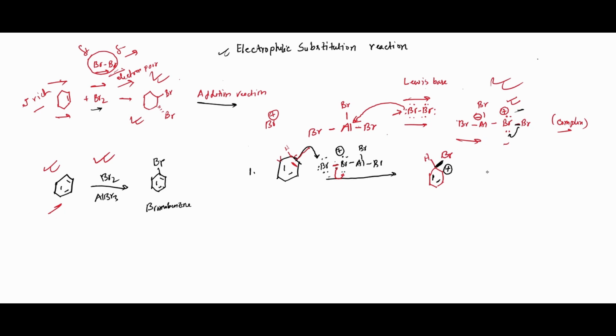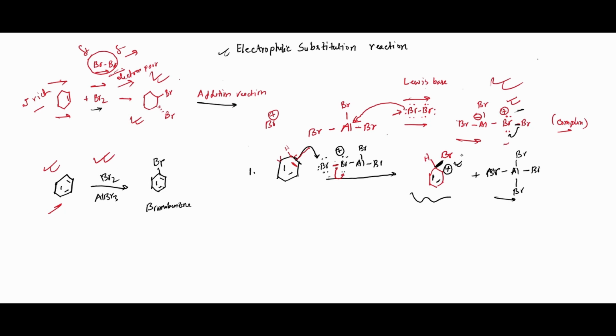So this is the intermediate, and we also have our other product here, like this. Okay, so aluminum tetrabromide.